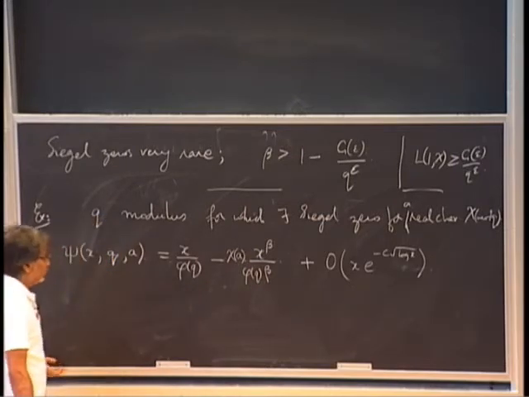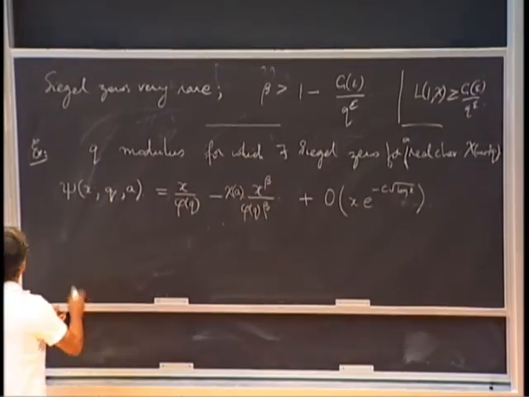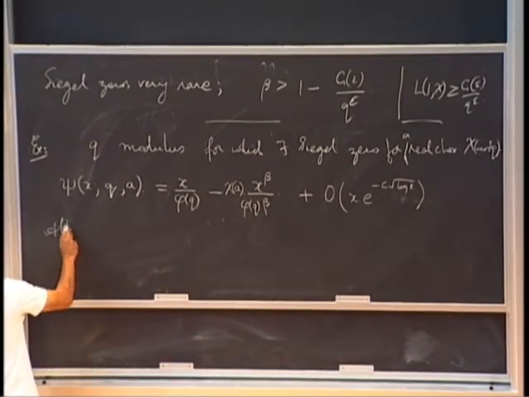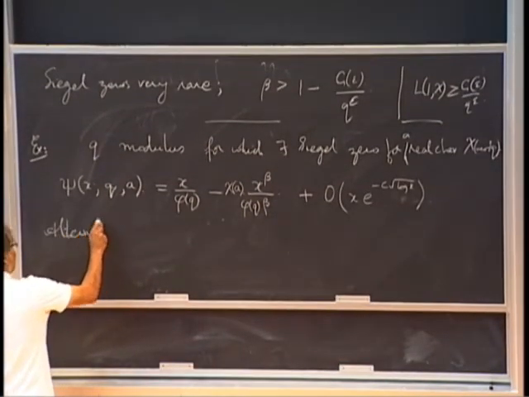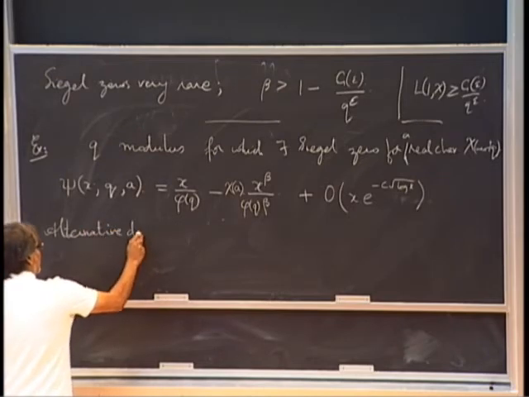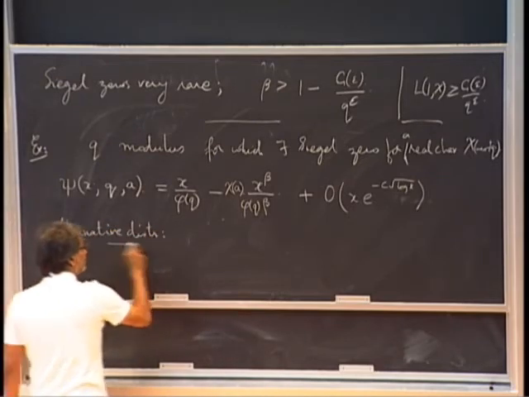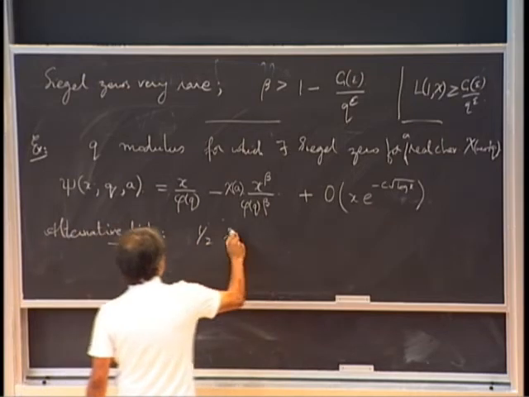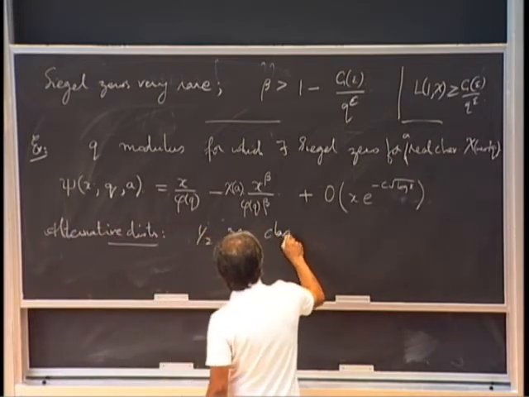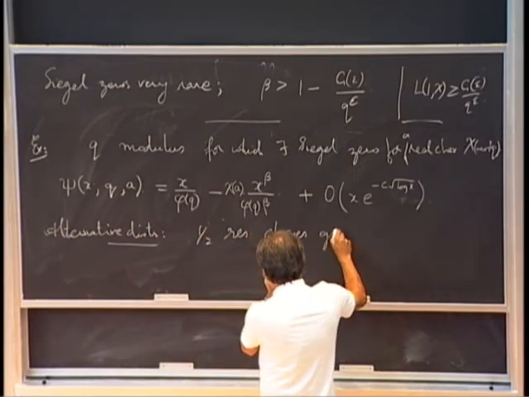Okay? So the Siegel zero situation is like an alternative model distribution of primes. Half the residue classes get twice the primes.